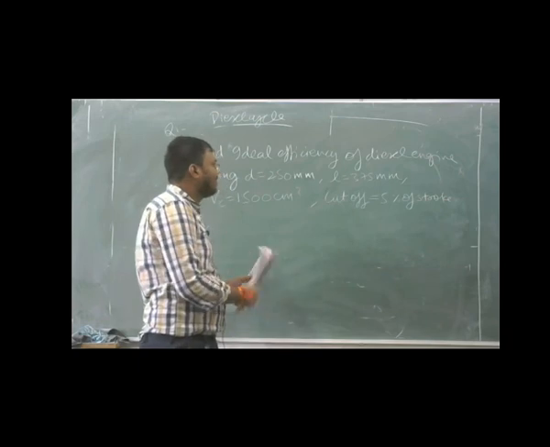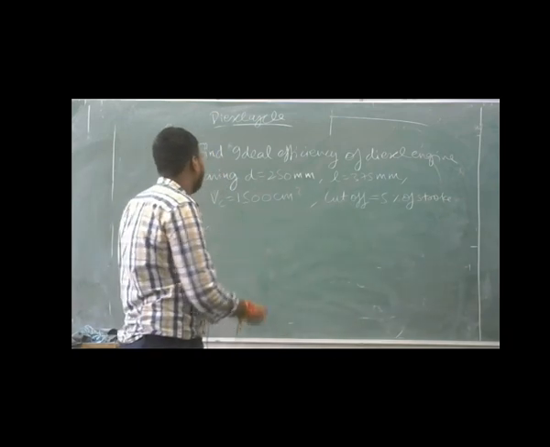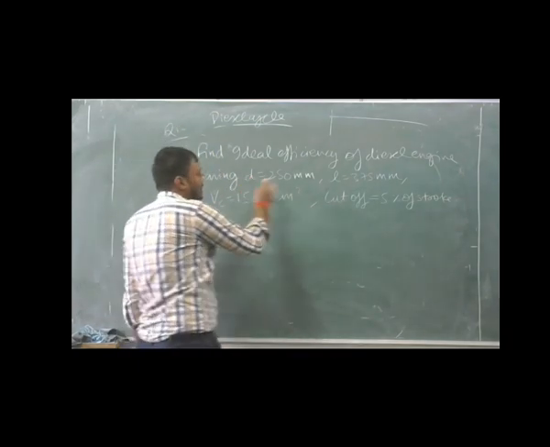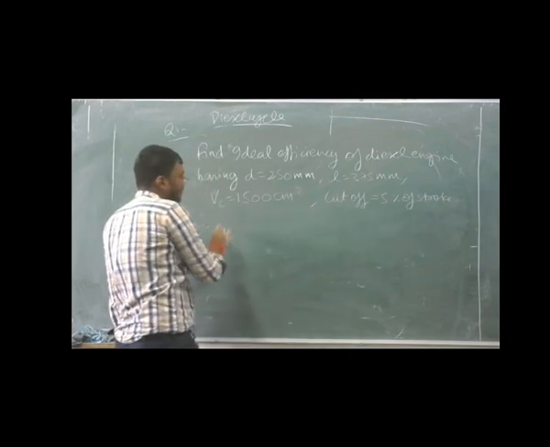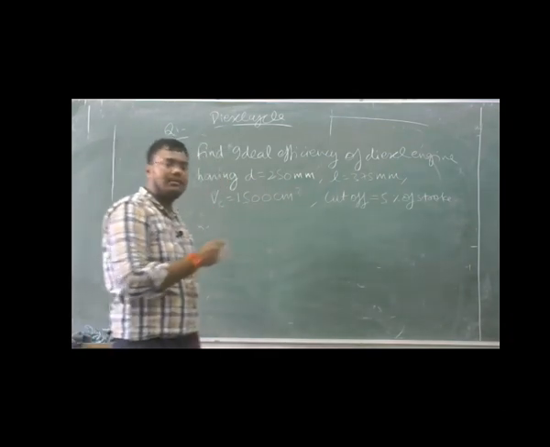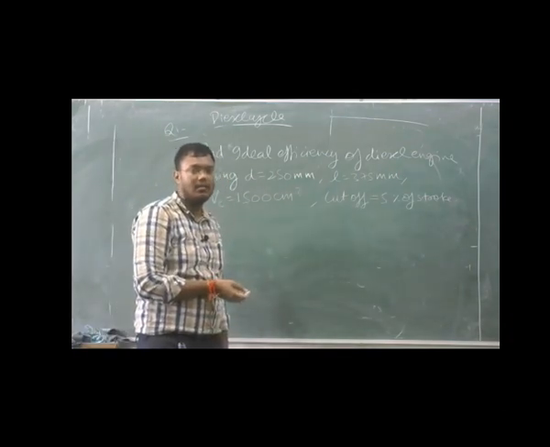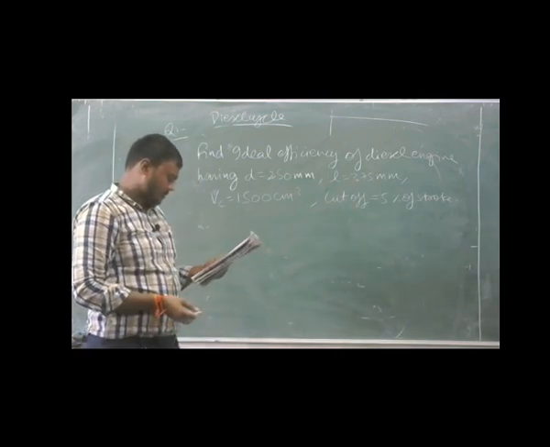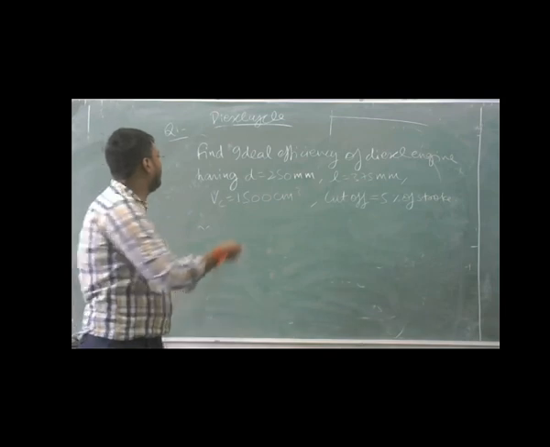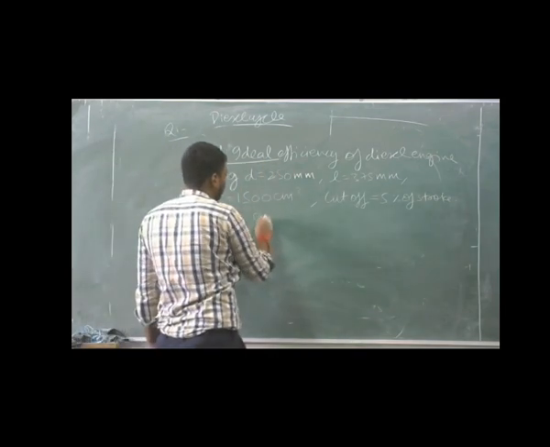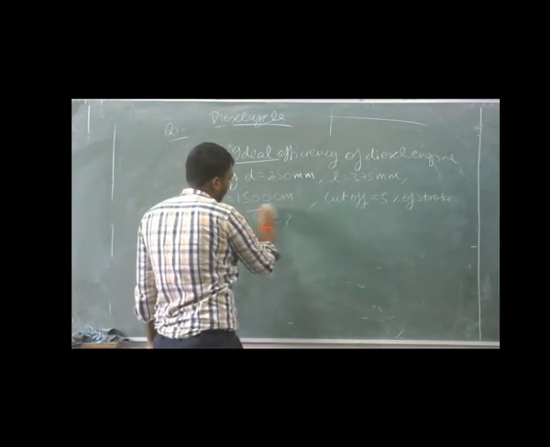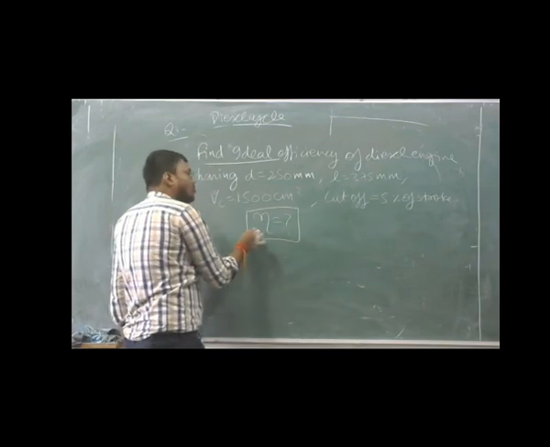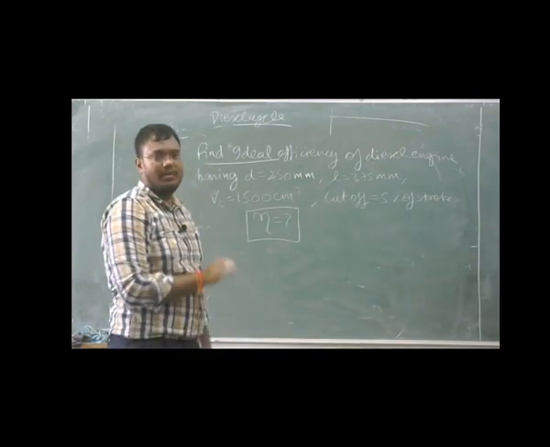But here some data is changed. Like in this question, bore diameter and stroke length are given, Vc is given. So you have to solve in a different way, and you have to find the ideal efficiency. This question is almost similar to the previous question.